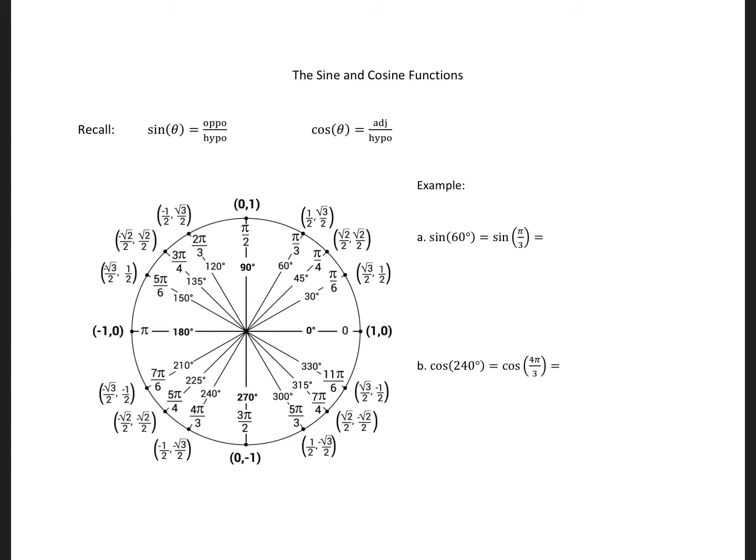So let's start with this. If we wanted to find sine of 60 degrees, that is the same thing as finding sine of pi over 3. Notice how 60 degrees is equivalent to pi over 3 radians. So what I want to do is take this coordinate and create a right triangle.